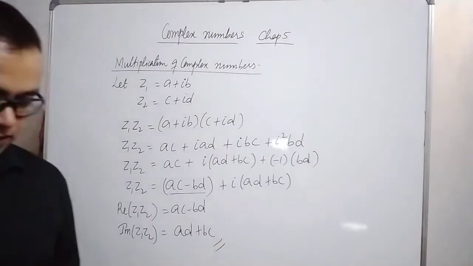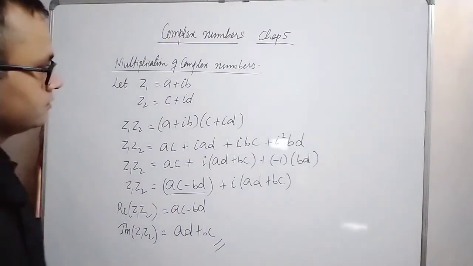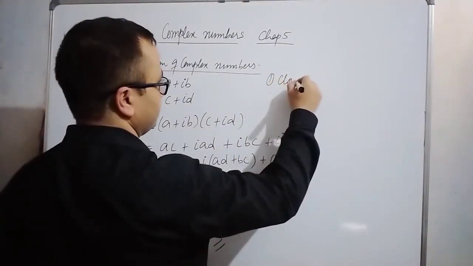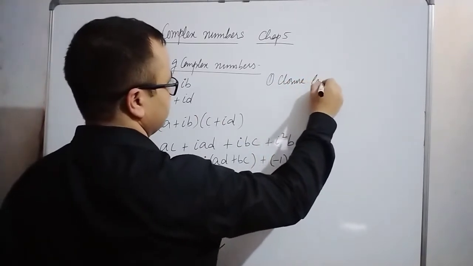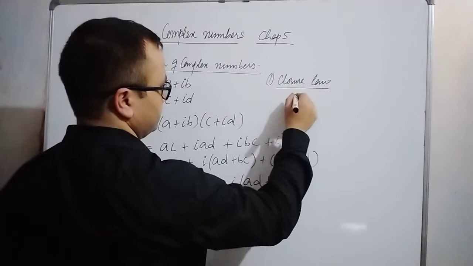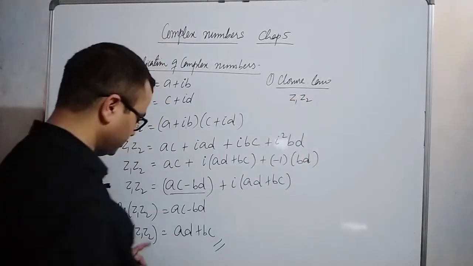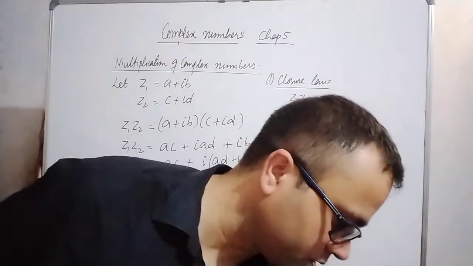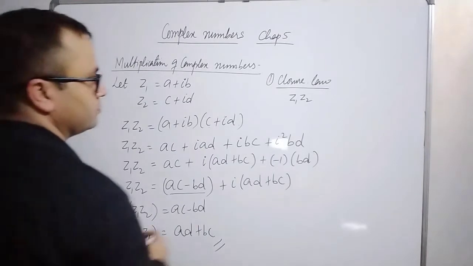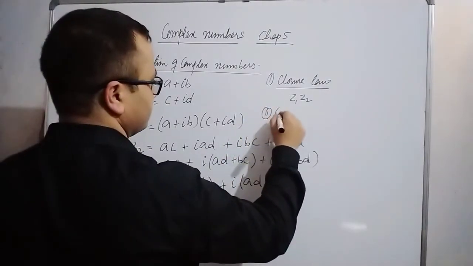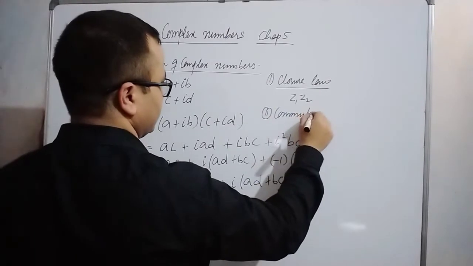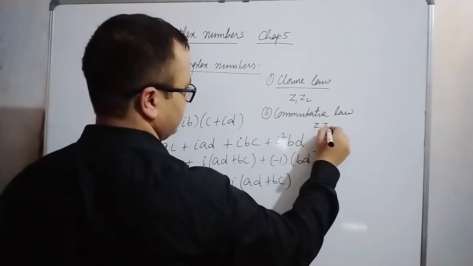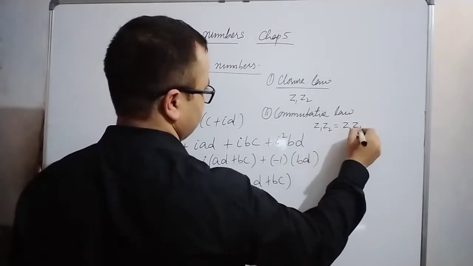In multiplication there are some properties. Number one is closure property. In closure law, Z1 into Z2 is a complex number. This is closure. Next is commutative law: Z1 into Z2 equals Z2 into Z1.